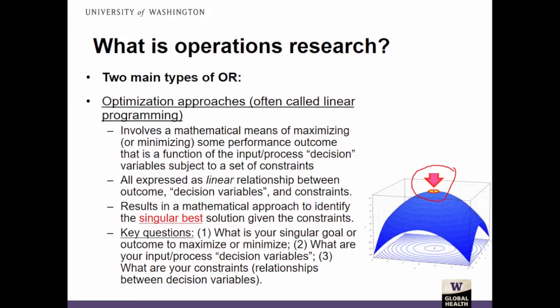What are your inputs, process, and decision variables? So what are the factors that are relating to, let's say, patient consult time? And what are your constraints, which could be anything, but in this example, it obviously would be related to clinic hours and number of doctors to see patients, etc.